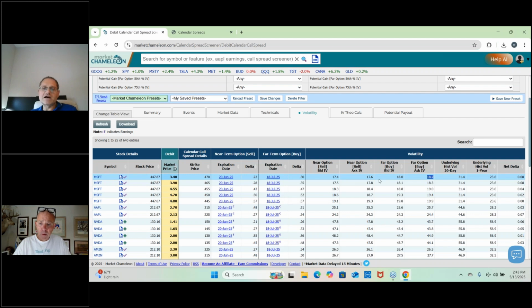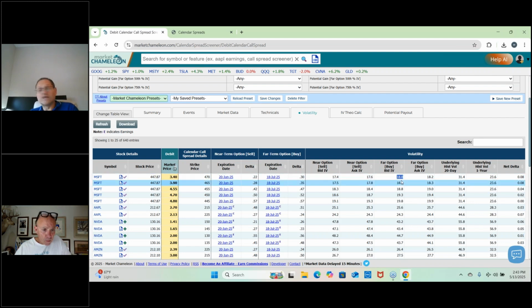You want the options that you're short to be relatively lower than the ones that you're long. So let's say this drops to 15 and this goes up to 19. Well, that's good for you, because the options that you're short are decreasing in value and the ones that you're long are increasing in value if implied volatility goes up. So on a relative basis, the skew in the term structure is going your way.